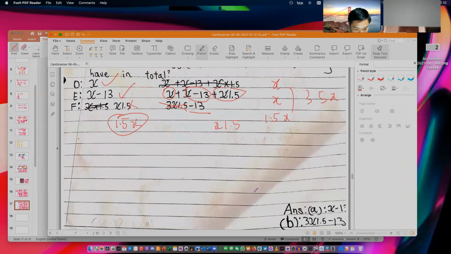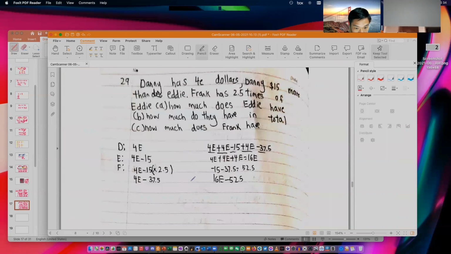Okay, next. So you have 4e, then 4e minus 2.5 times AD. So look, 2.5 times AD, right? I need to write down the statement 2.5 times AD. So what is AD?